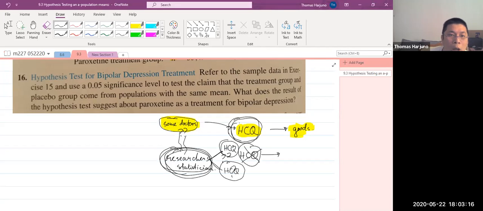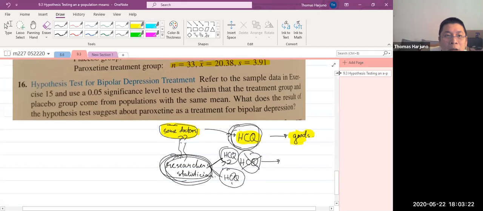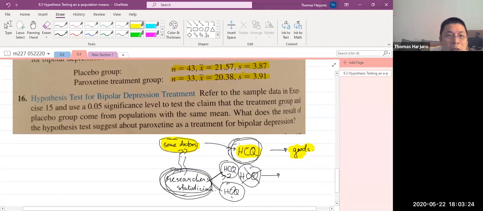Now that's why if we go back to this number 16, we are comparing, we try to see if this medicine here, paroxetine, is effective. Now how do we know that this medicine is effective? Then you need to compare that to something else.